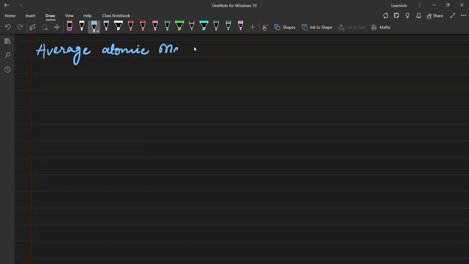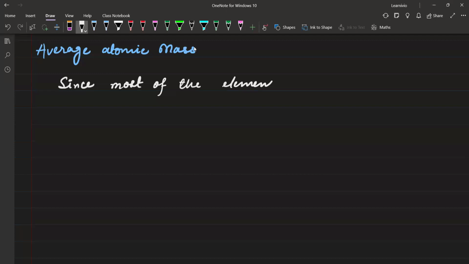Since most of the elements are found in the form of isotopes, in the form of their isotopes, we take the average of their atomic masses.